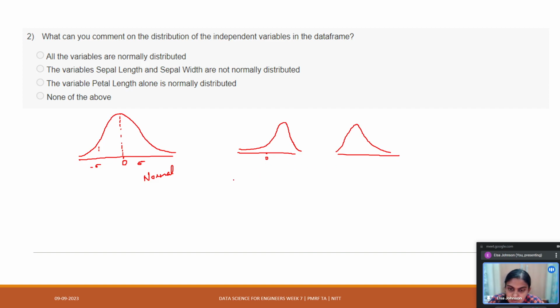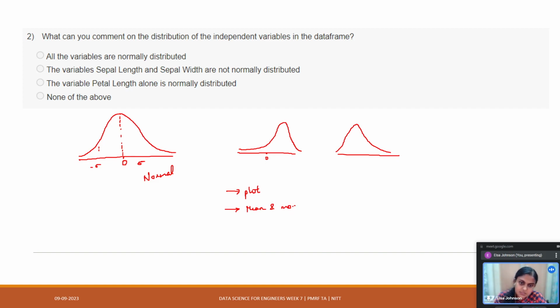Okay, so how can you find it? One of the ways is just seeing the distribution of the plot. You can plot the variables and find out whether they are distributed like that, or another way is to watch the mean and median.